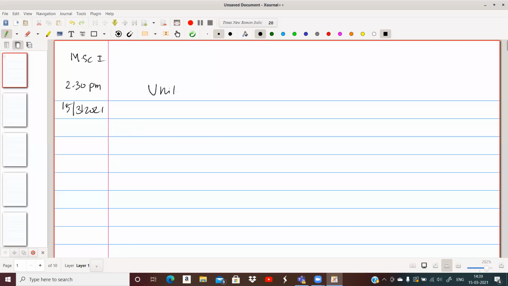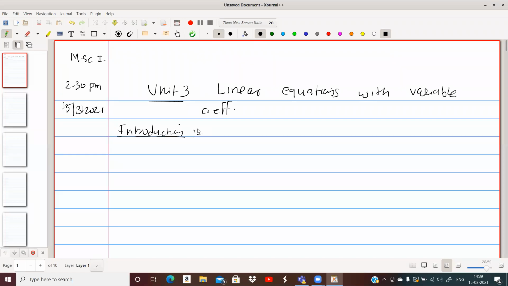Today we will start with unit 3, that is linear equations with variable coefficients. So let us introduce how the linear equations with constant coefficients have been introduced.